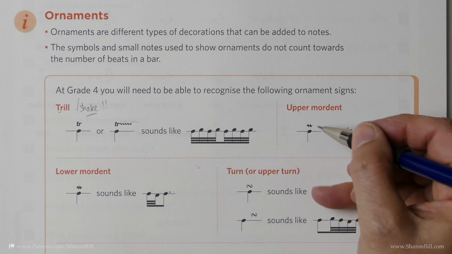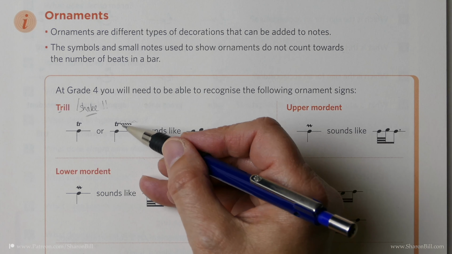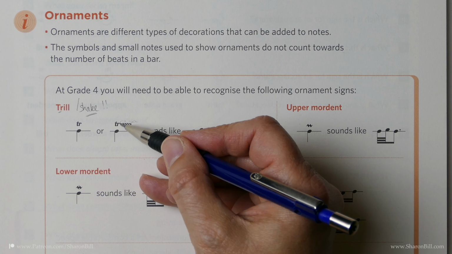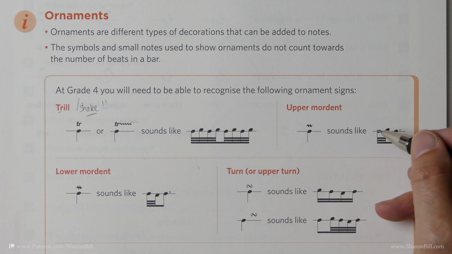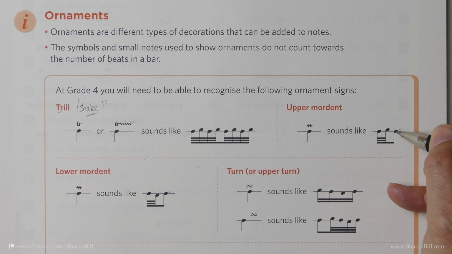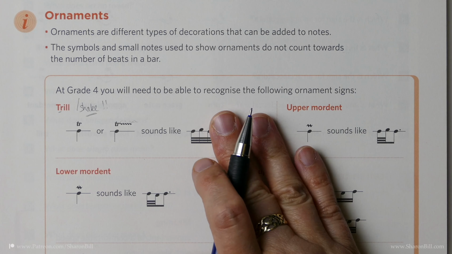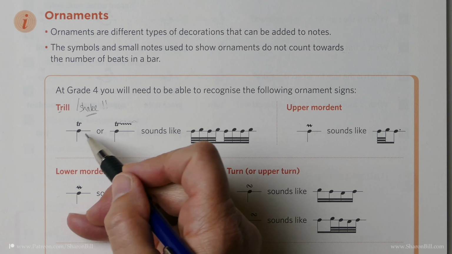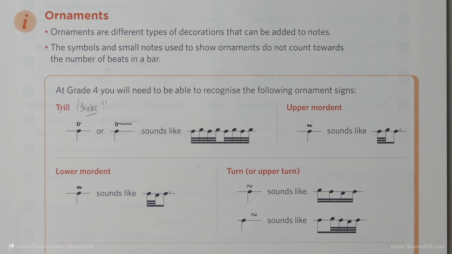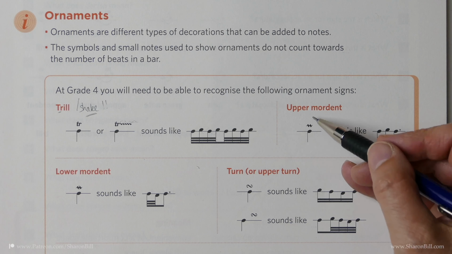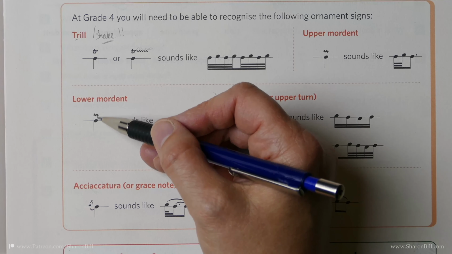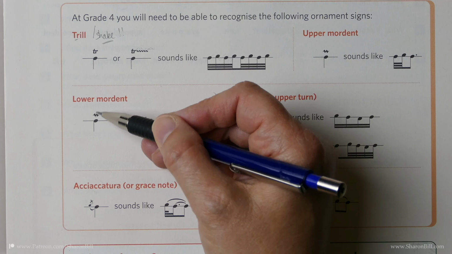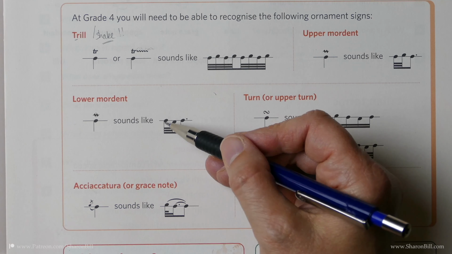Now the upper mordant, it's just like a brief clip of a trill. It's the melody note that then just blips up and goes back again, and then that's it. We continue with the melody note. And the upper mordant is comparable to its inverse, the lower mordant, which is just with a little line through it showing it's inverted, and we just blip the other way.